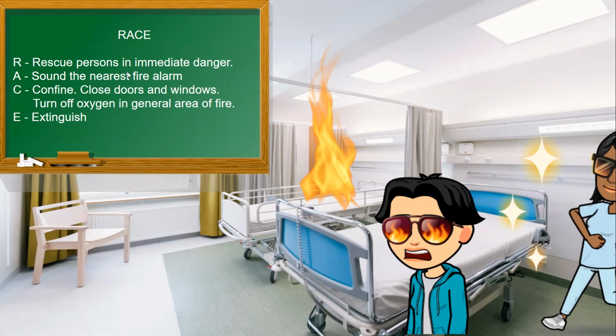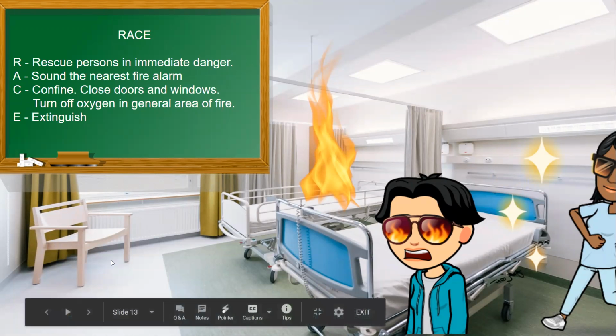R, rescue persons in immediate danger. That is the first thing to do. A, sound the nearest fire alarm. C, confine or contain, close doors and windows, turn off oxygen in the general area of the fire, and E, extinguish and exit.